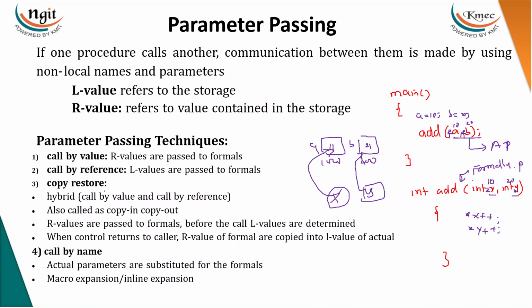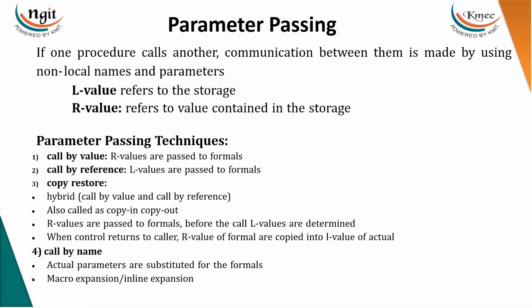Right? And what does it mean by copy and restore? This is a variant of call by value, where it is going to use both call by value and call by reference. How is it going to be? So guys, listen here. See, if you have a function like this, main, I am calling here int a equals 10, and we are calling add of a.